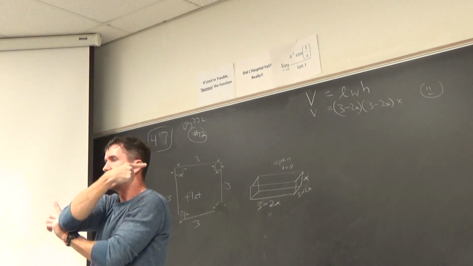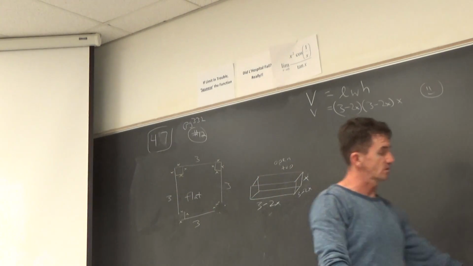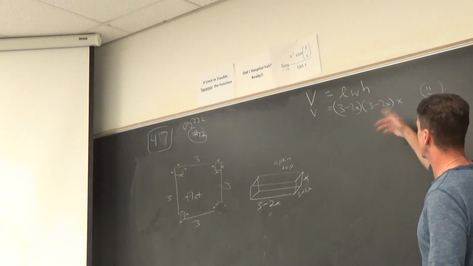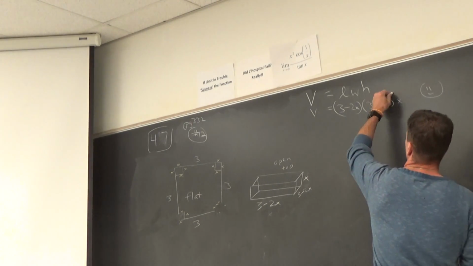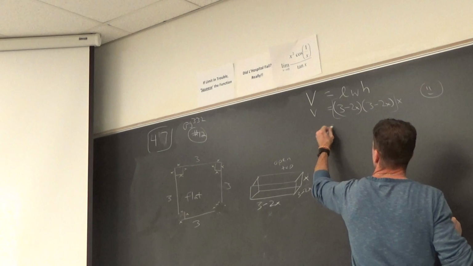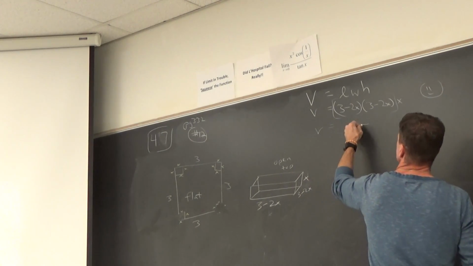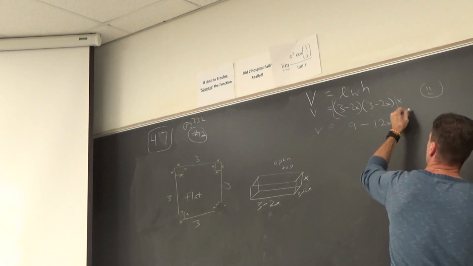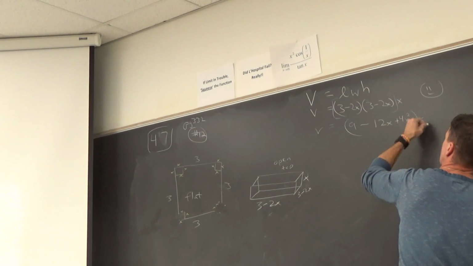And there it is. Now, I'm going to do the calculus, we're going to differentiate. I don't like doing product rule, so can we expand that? So start here, I'm going to FOIL all this first. Did you FOIL all that? I get 9 minus 12x plus 4x squared. But what's still out here?